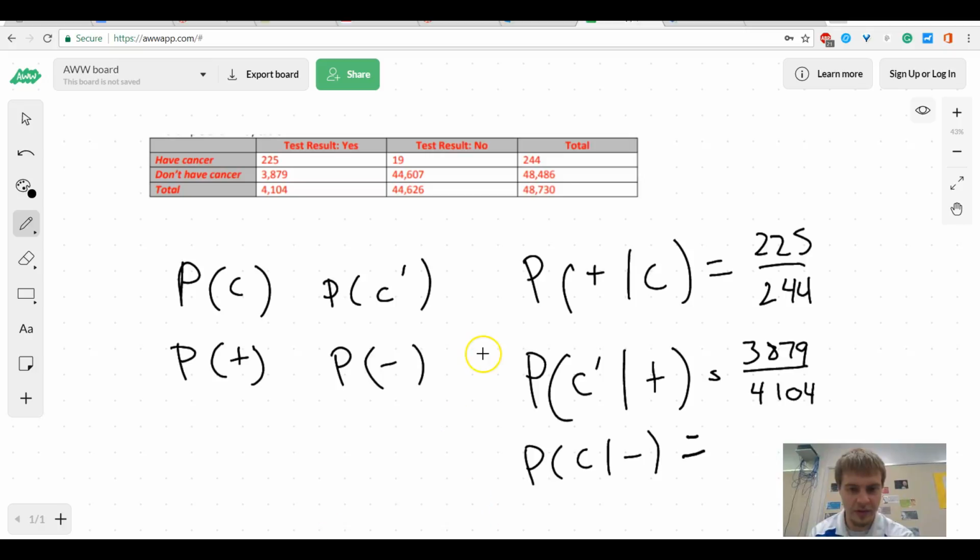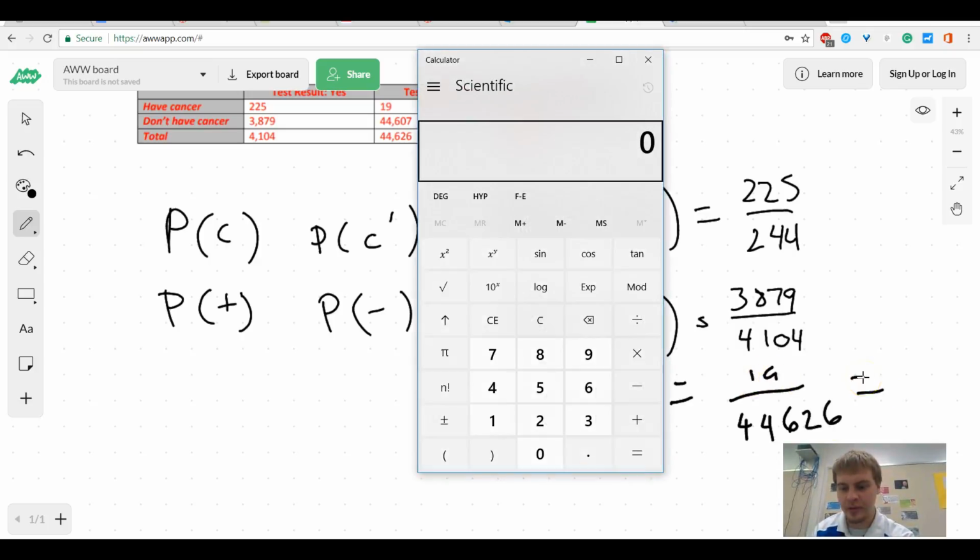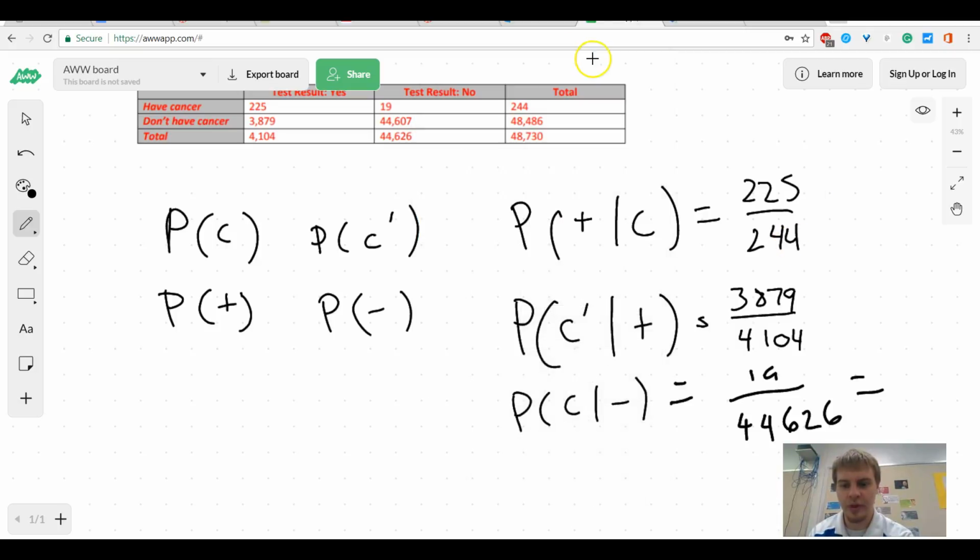So when we look at this, the total number of people that tested negative was 44,626, and 19 people ended up having cancer. So we'd say 19 divided by 44,626, and we can see that number is crazy low. It's not even 1%. So the test is at least good in that if you test negative, you probably do not have cancer. So this is how conditional probability works and how it's set up.